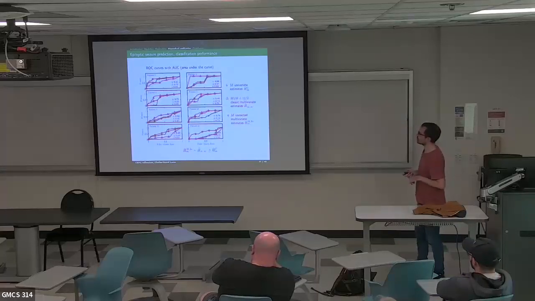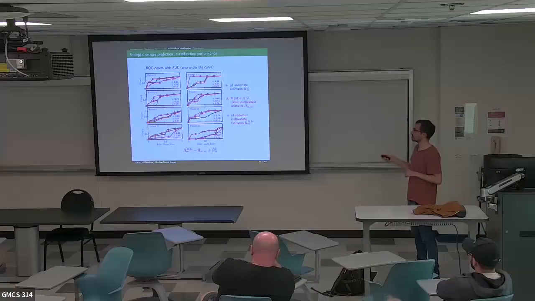So to analyze the performance of this classification procedure, here are the ROC curves for the different estimators and for all the patients. We can see the power, so the well-detected preictal states, against the wrongly detected preictal states. And you also have the area under the curve of the different curves.